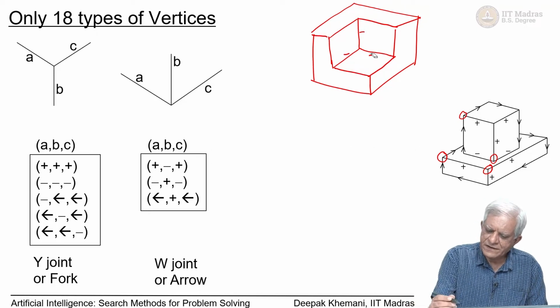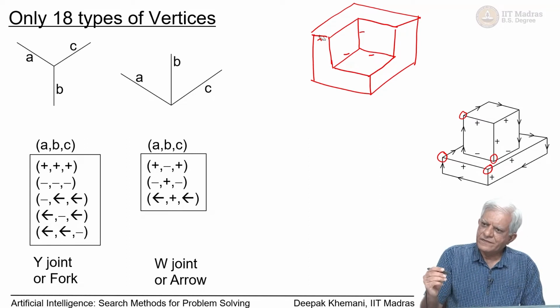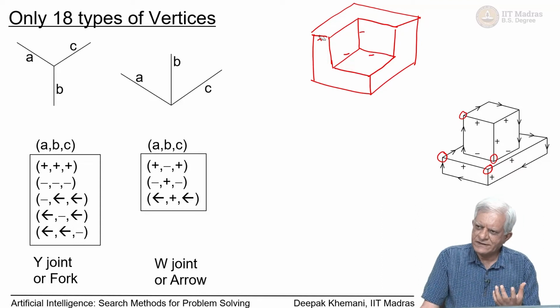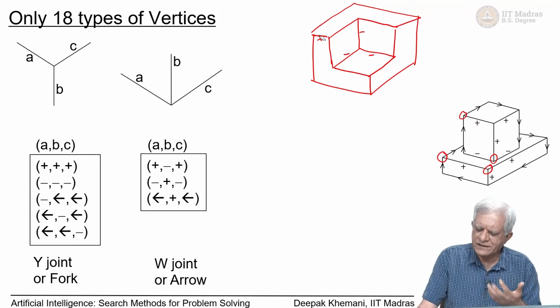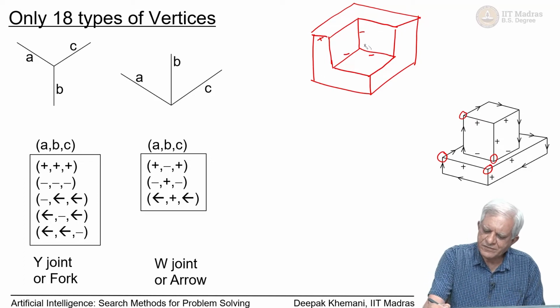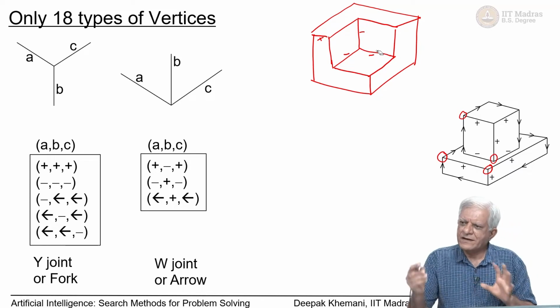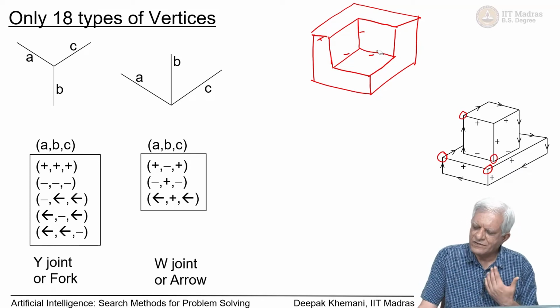On the other hand, this edge is positive, it is convex essentially. The material on the right side is kind of less than 90 degrees or 180 or less, whereas when it is negative, the material on both sides covers an angle of more than 180.